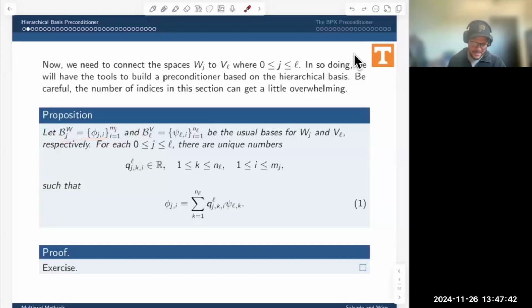Remember, the hierarchical basis is when I union these together. I give a warning: the number of indices in this section starts to really balloon, so we have to be a bit careful here.